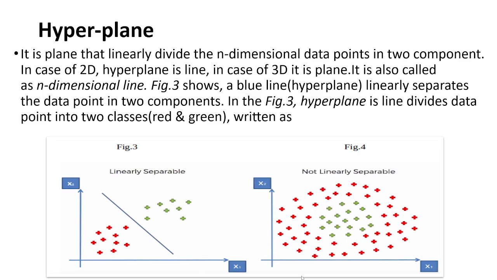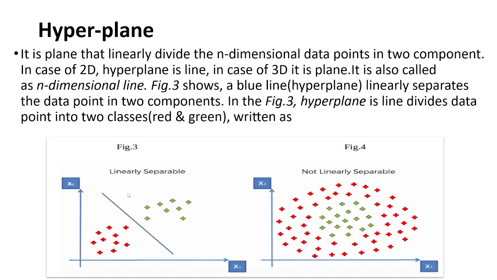Here you can see in this figure a blue line, which is the hyperplane, and it linearly separates the data points into two components. In figure 3, the hyperplane is a line that divides the data points into two classes, red and green.